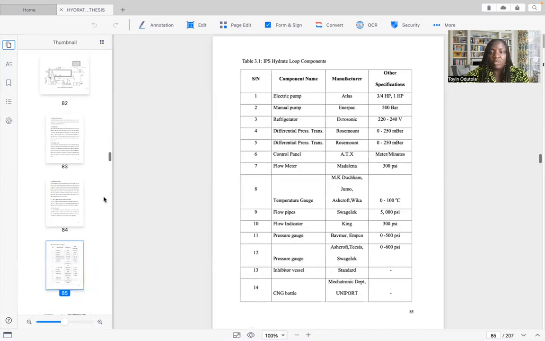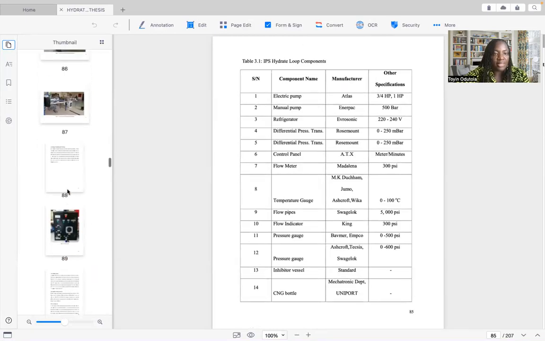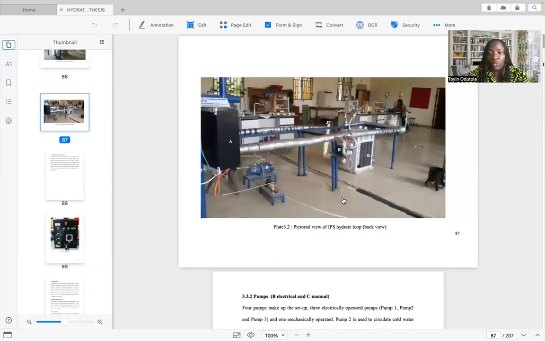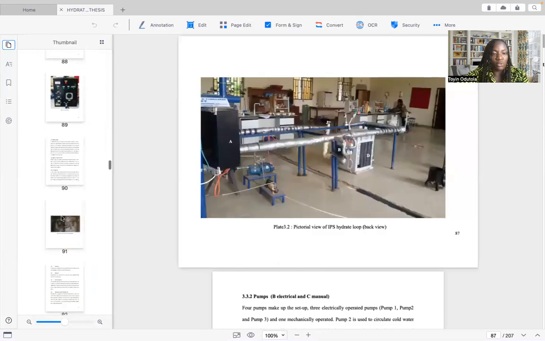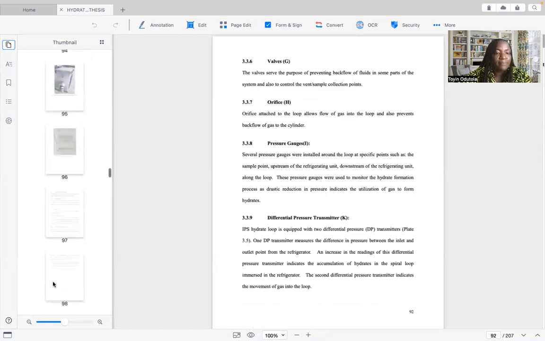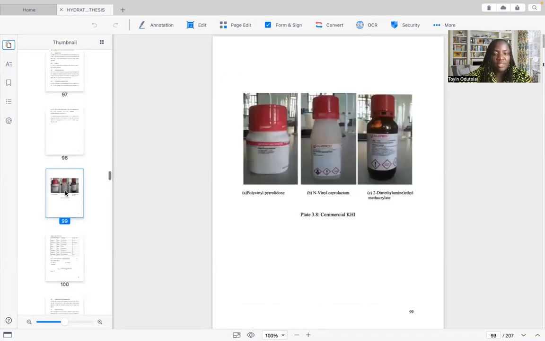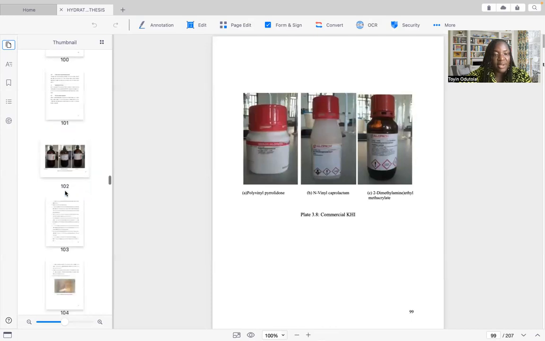And there's a description of the equipment that I put together in tabular form. And I have plates here showing the pictorial view of the equipment. And the plates are numbered based on the chapter that I'm in. So this is the second plate in chapter 3. Okay, this is the 8th plate in chapter 3.